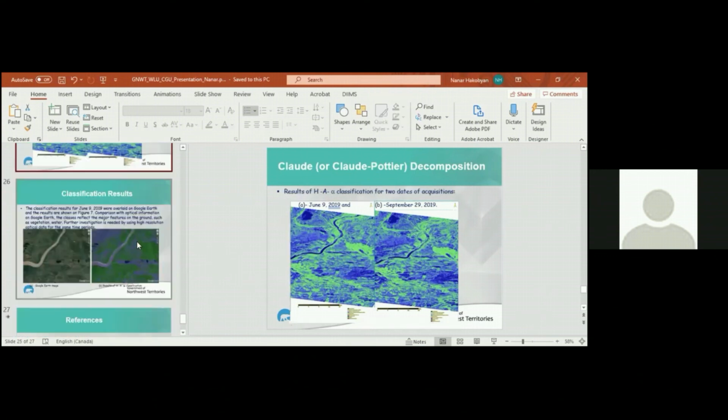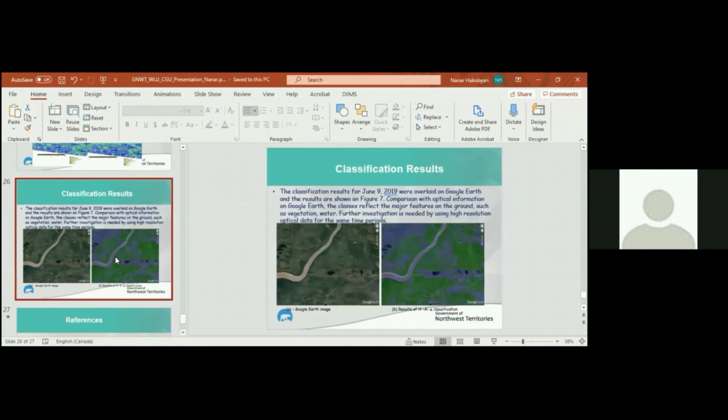And for the final classification, I don't know how much time I have still, but I want to show the final classification. On the left is just the Google Earth, and on the right is an actual classified image from the radar data.